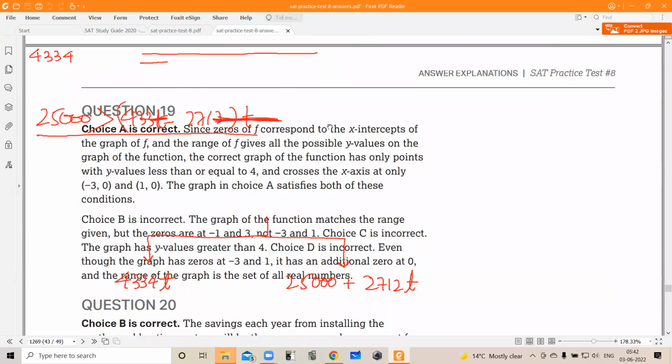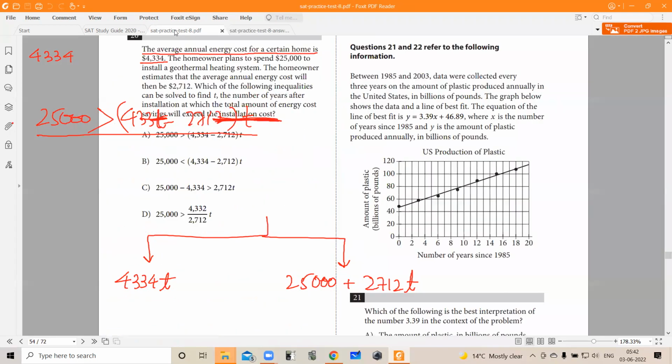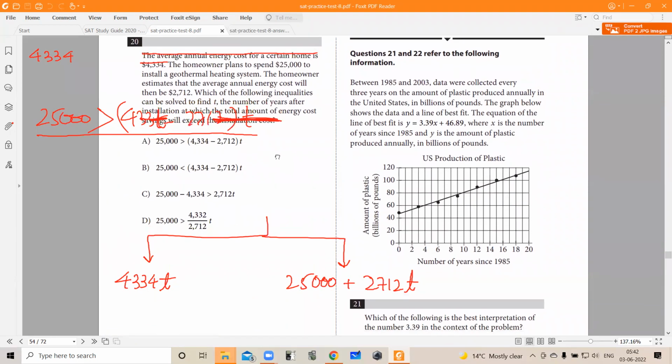20. That's B. That's what I was thinking. 25,000 is the installation cost, right? And 4,334 minus 2,712 T is the difference in the amount, the saving. And the saving is exceeding the installation cost.